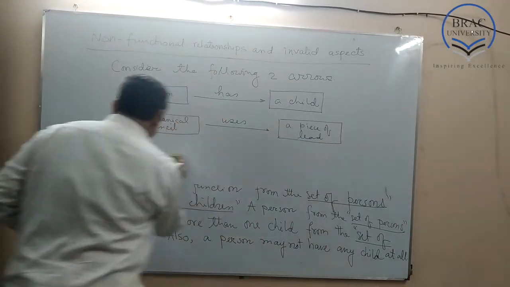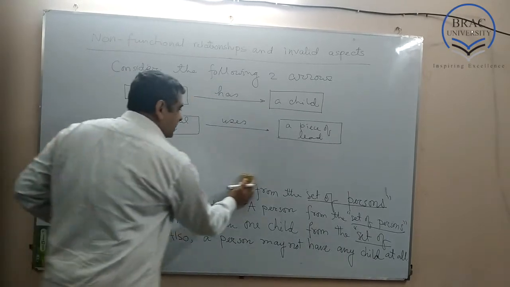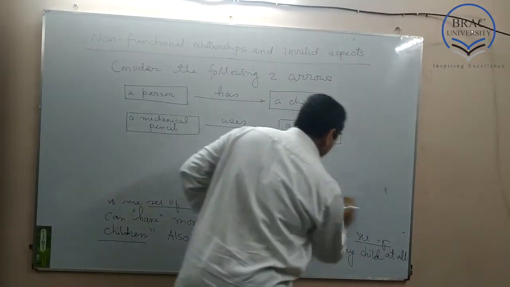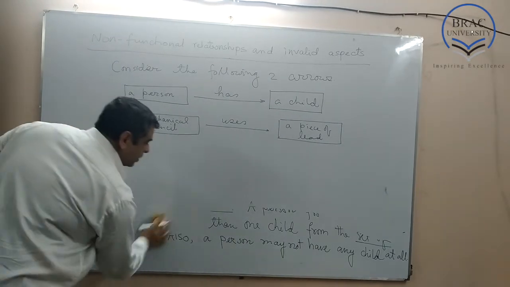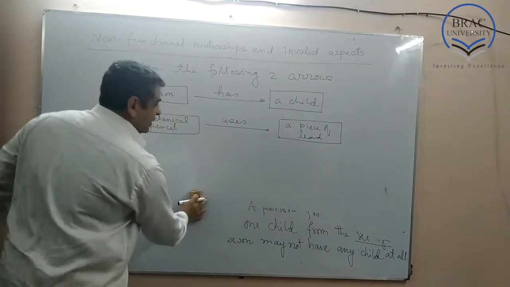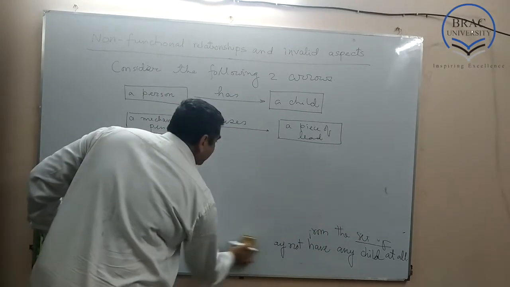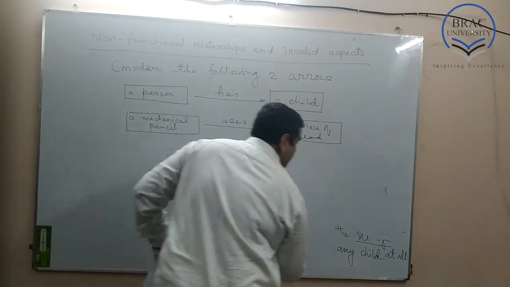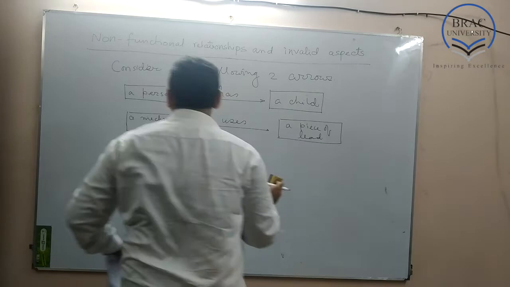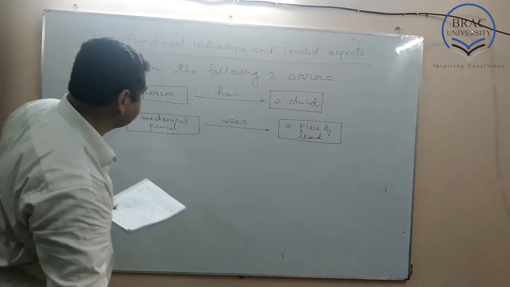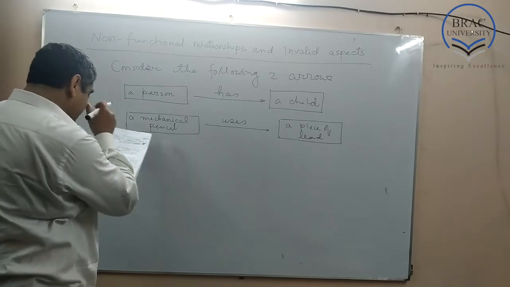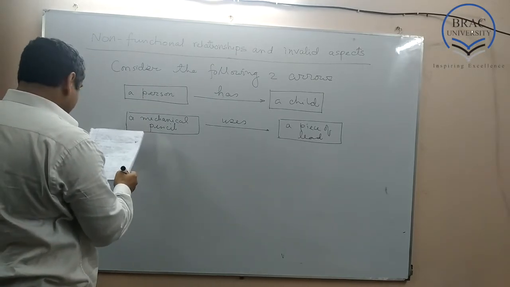The second example here, as you can see from the whiteboard, gives an aspect between two types, a mechanical pencil and a piece of lead.